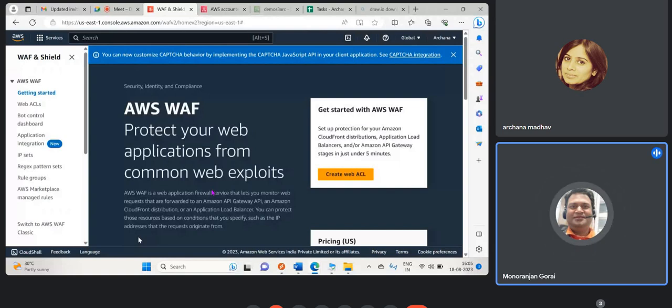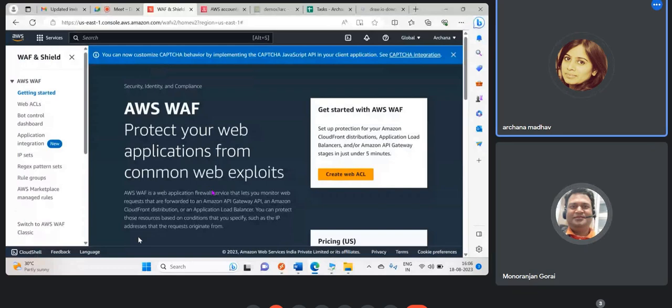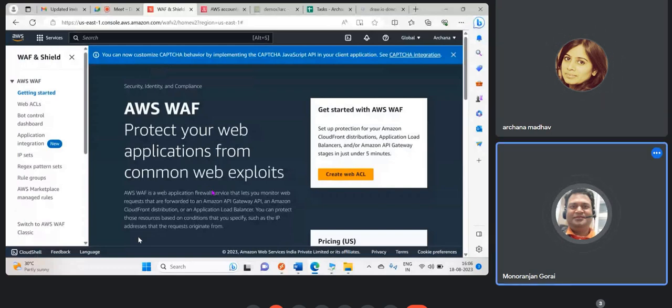Behind this URL, there are so many different systems, distributed systems and distributed mechanisms. It is clearly mentioned here: WAF is a web application firewall service that lets you monitor web requests that are forwarded to an Amazon API Gateway.